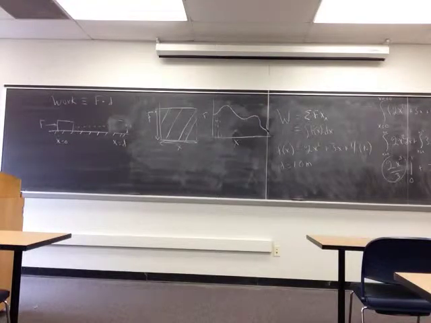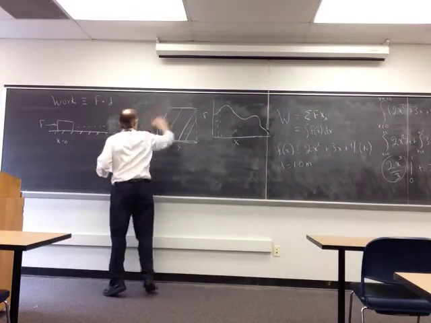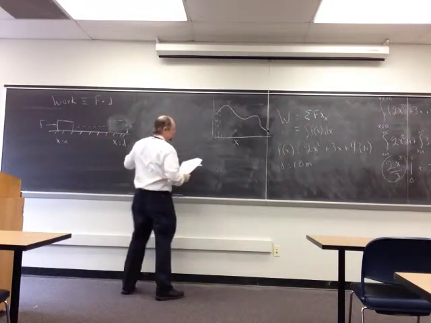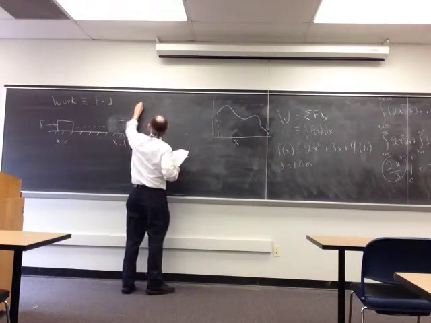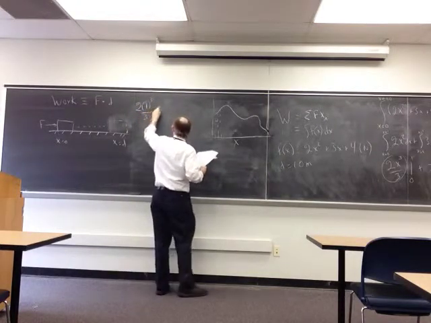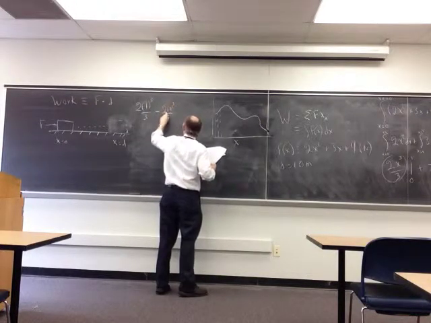All right. So if we're going to evaluate this from 0 to 1, what that means is we evaluate it at 1 and then subtract the function evaluated at 0. So let me come back over here. We're going to take 2 times 1 cubed over 3 minus 2 times 0 cubed over 3.